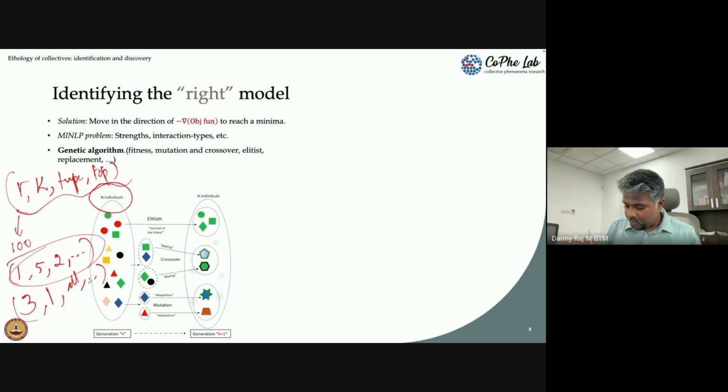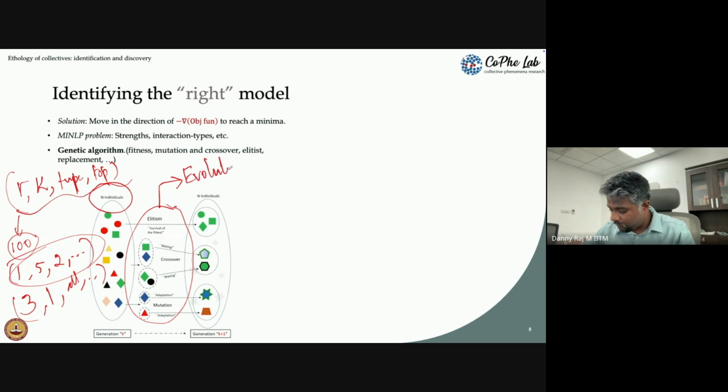First, it will start with, let's say, 100 of these combinations. For each one, it will do a forward simulation, evaluate how well it predicts, and then do a bunch of things, which is inspired from the theory of evolution, where you have mutation, crossover, mating, adaptation, and so on. For example, mutation would be, let's say I take this particular thing.